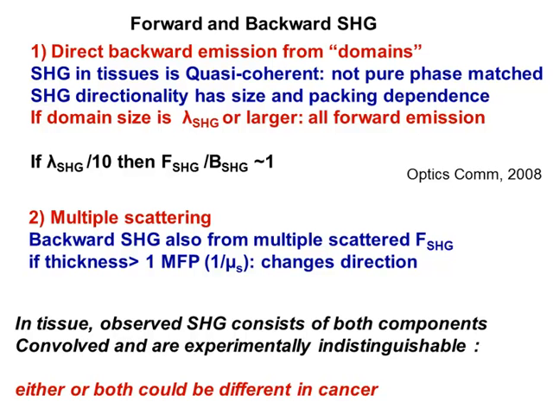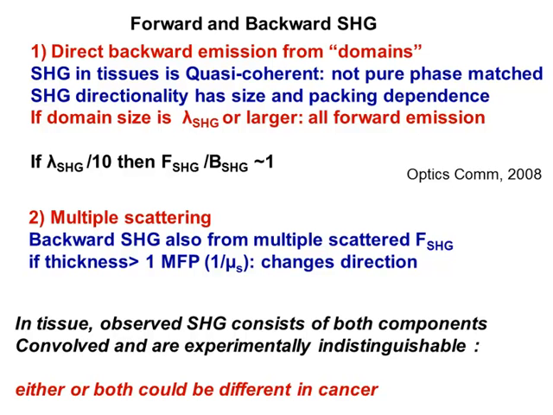So as a rule of thumb, if you look at the domain of how your fibers are packed together, if they're very regular on the size scale of lambda SHG, most of that light will go forward. But if you have smaller fibers that are more random, say lambda SHG over 10, or say in the 50 nanometer range, then you will get an equal mixture of forward and backward components.